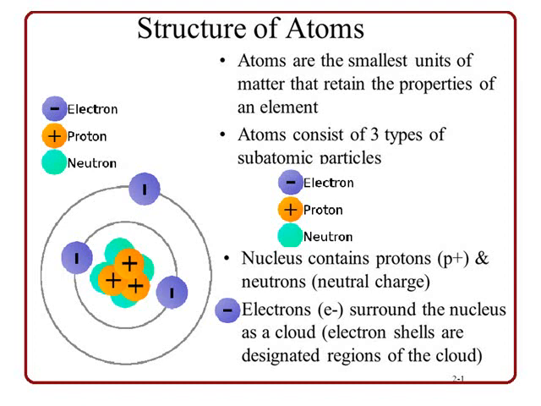And what are the particles present in the nucleus? It is neutrons and the protons. And that's why these two particles are collectively called nucleons. Nucleons means the particles which make the nucleus. So which are the particles which make the nucleus? Look at the center. You have positively charged protons and the neutral neutrons.